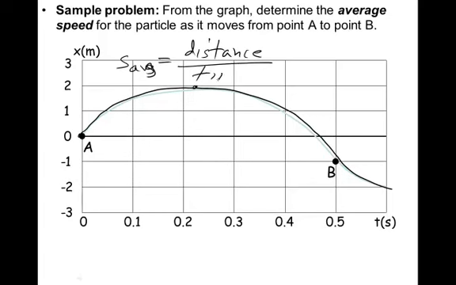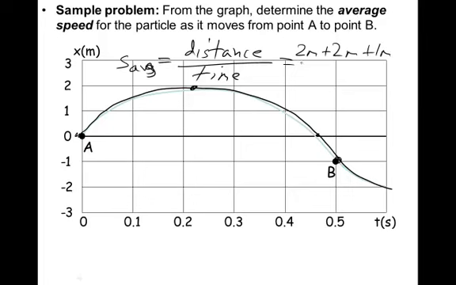So the distance, if we look at our total distance from here to here, we go 2 meters. And then from here to there, we go another 2 meters. And then from there to there, it looks like another 1 meter.